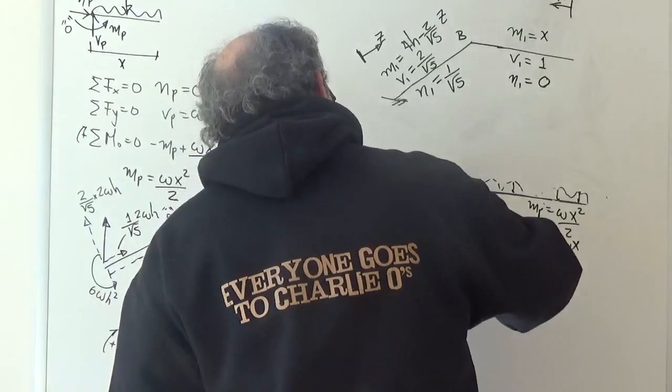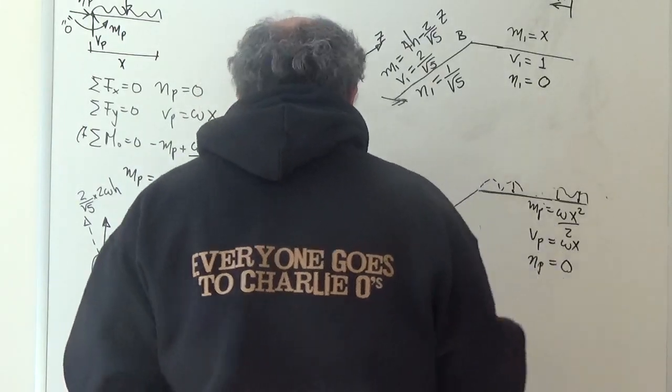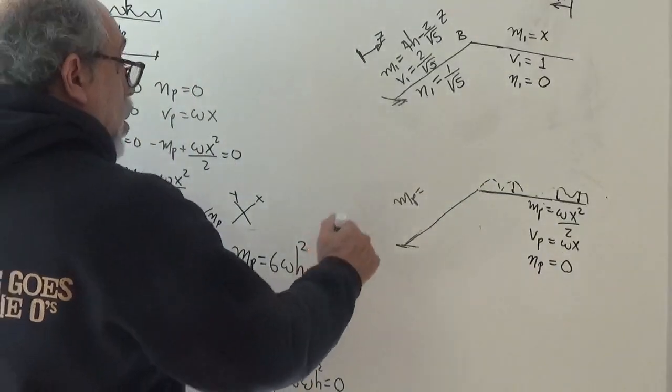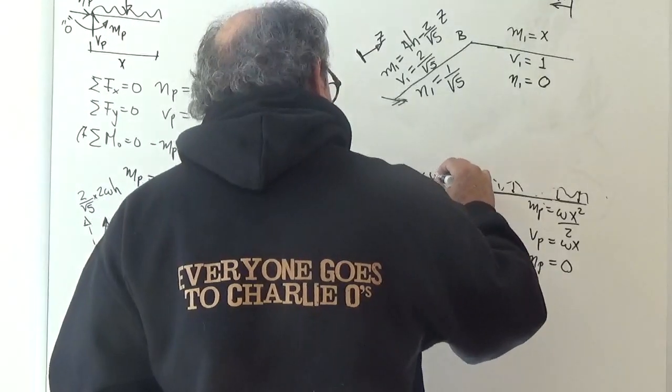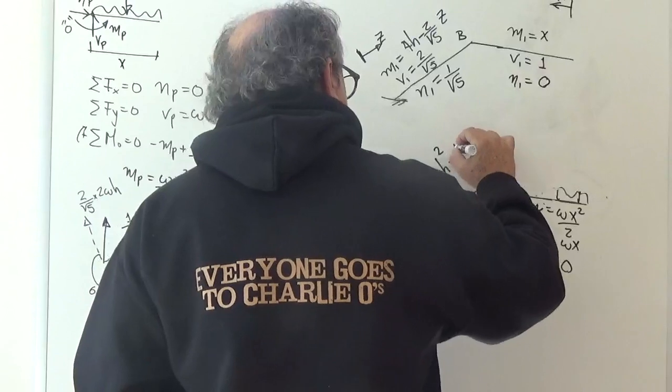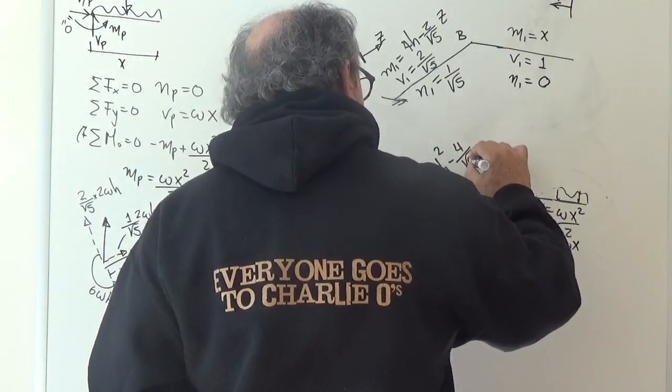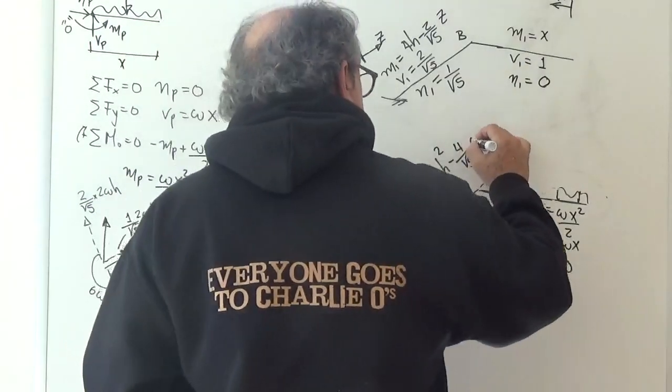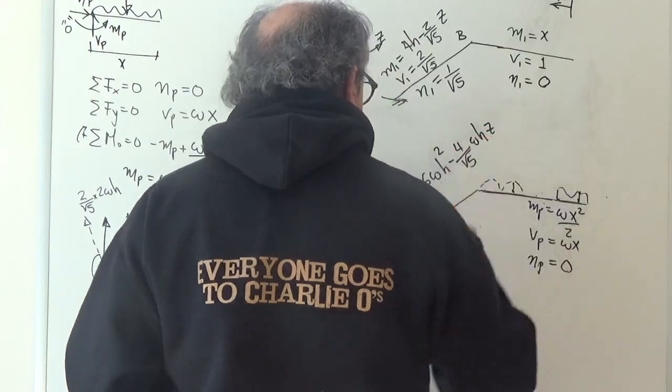Over this bar we had MP equals 6WH squared minus 4 over square root of 5 WHZ.